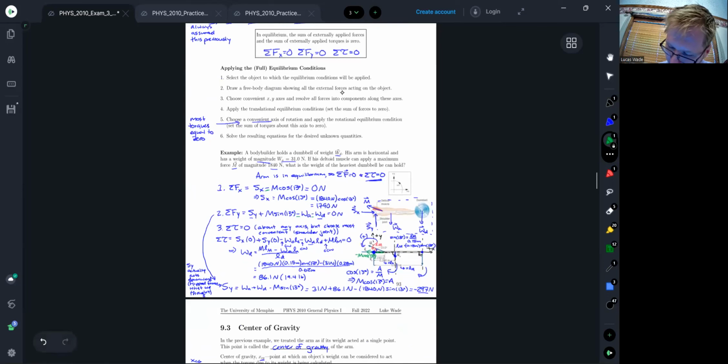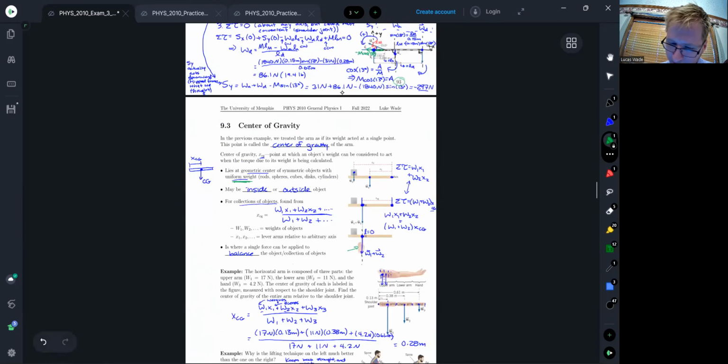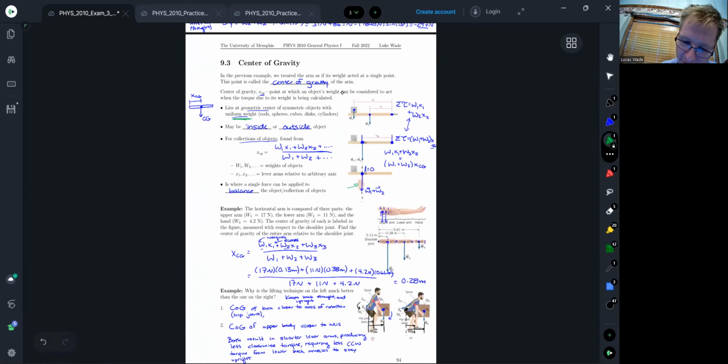So again, this is just a good page to be familiar with the concept of, as is the definition of center of gravity in that uniform piece. Center of gravity is the point at which an object's weight can be considered to act when we're calculating the torque that that weight produces.